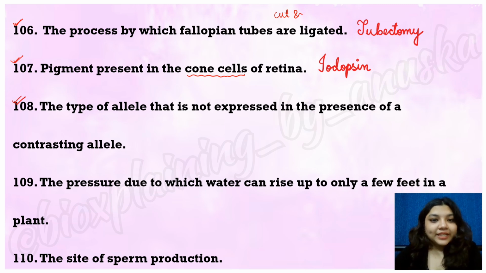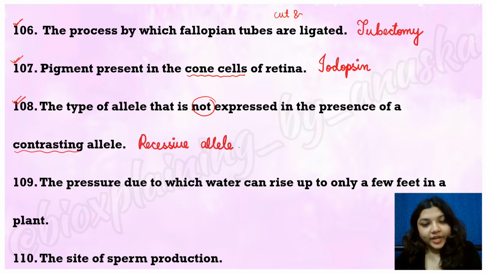The type of allele that is not expressed in the presence of a contrasting allele is the recessive allele. Just for instance, say we have capital T and small t, wherein capital T is the allele for tallness, and small t is the allele for a plant to be dwarf.